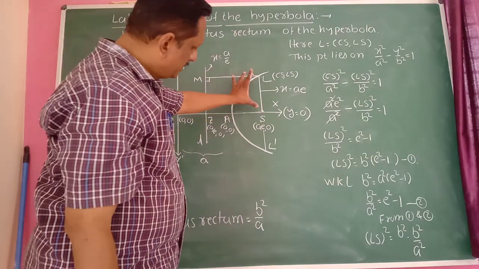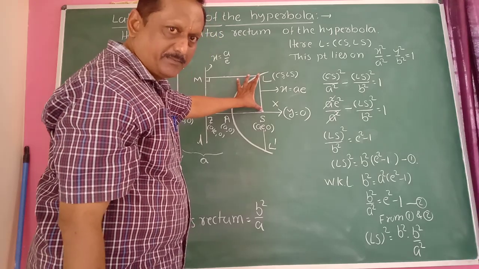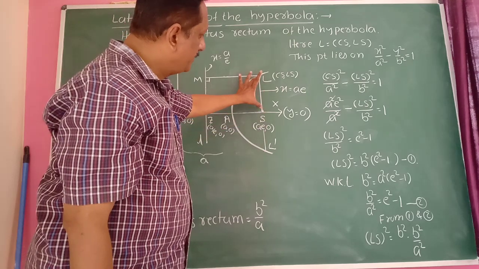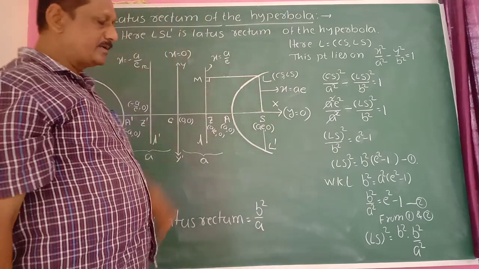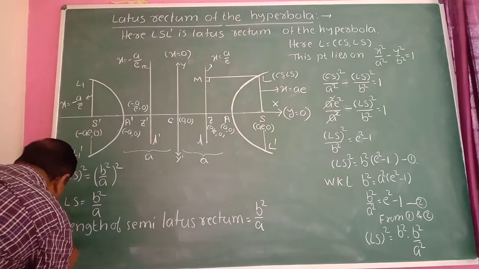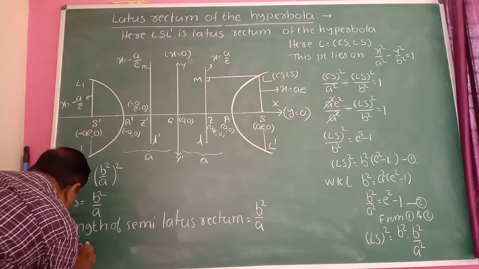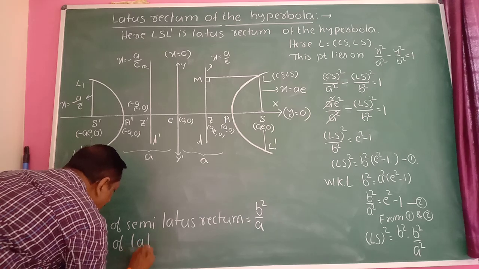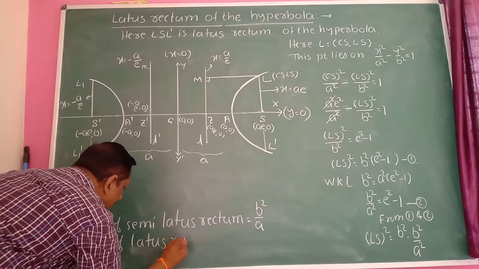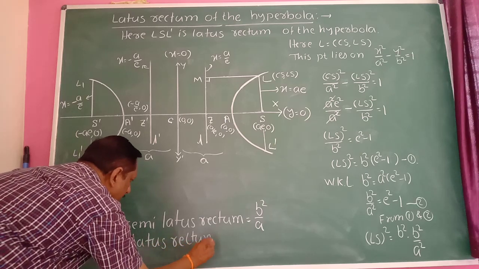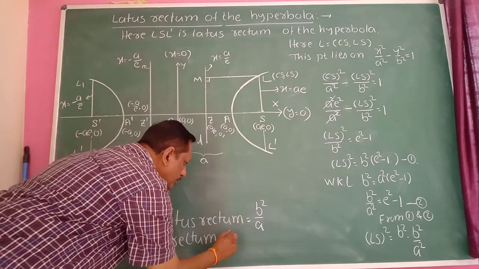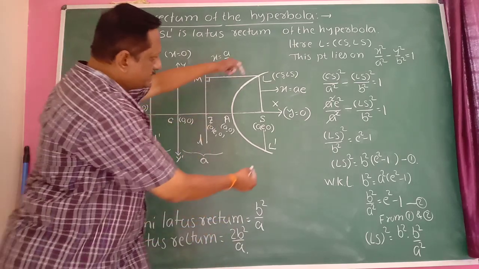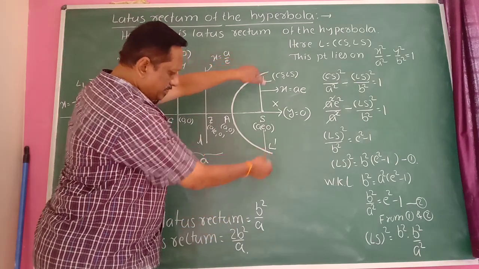Means if this is b² by a, then this distance is also b² by a. b² by a plus b² by a becomes 2b² by a, the length of the latus rectum. So the length of latus rectum is equal to 2b² divided by a. This total length is 2b² by a.